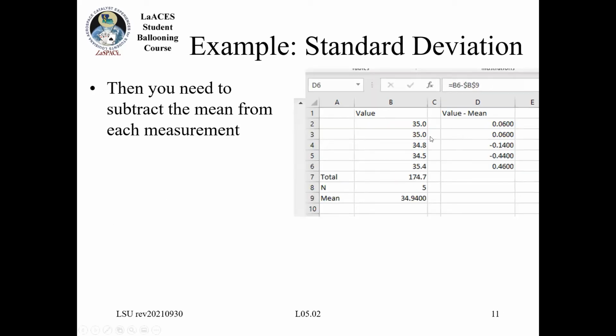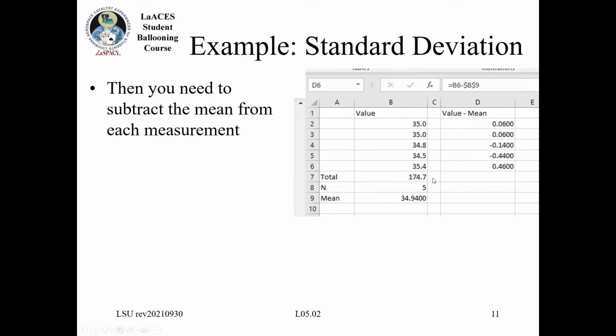And then I want to subtract the mean from each one of these, or I could subtract each one of those from the mean. It turns out it's not going to matter because I'm going to square all of these. If I get a negative, all that would happen is the difference would be a factor of -1, and when I square it, that just goes away.